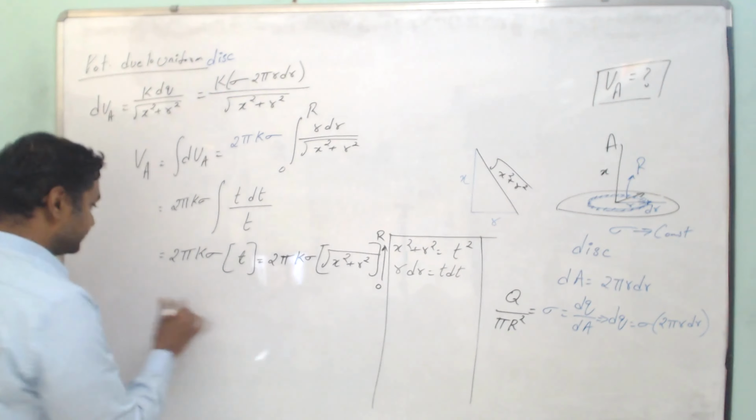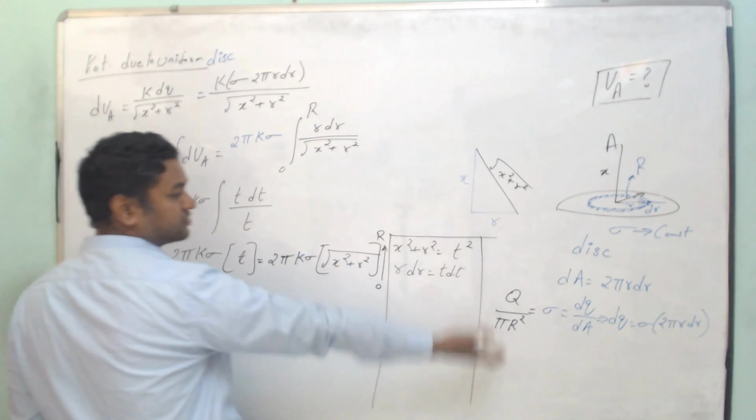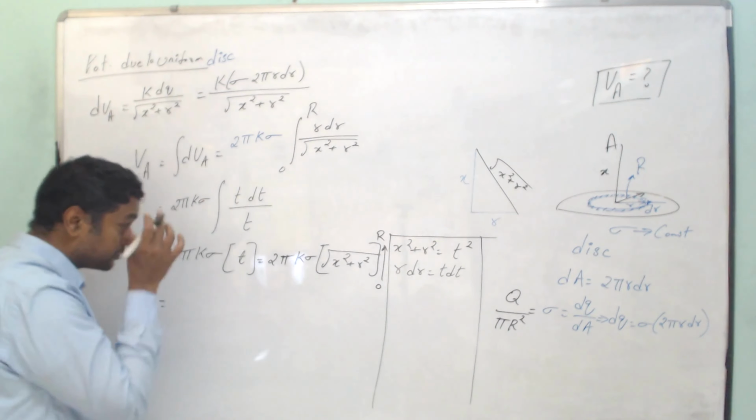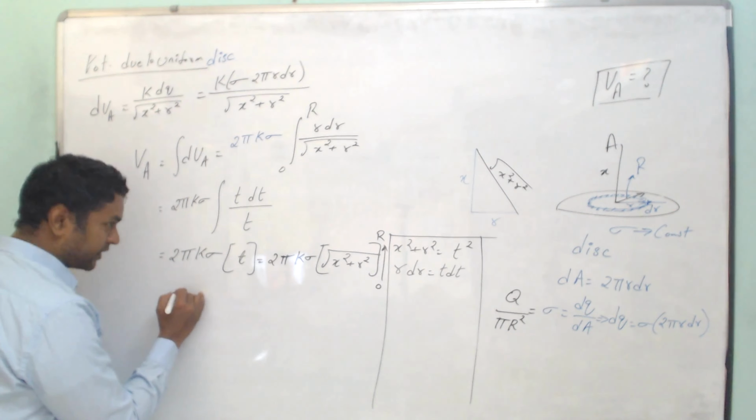Next step. By the way, sigma we can write as q by pi R square. Pi is cancelled.